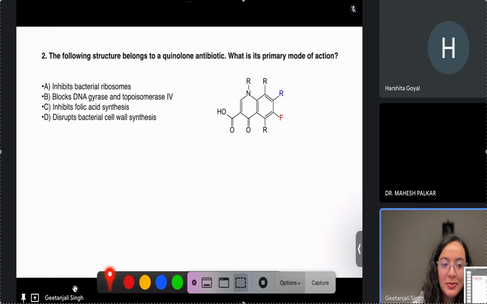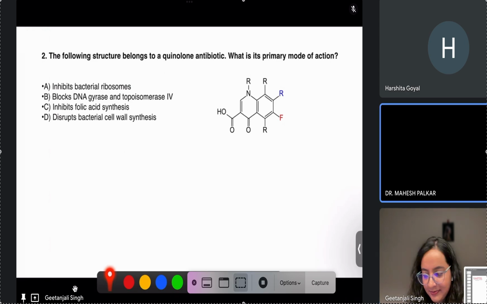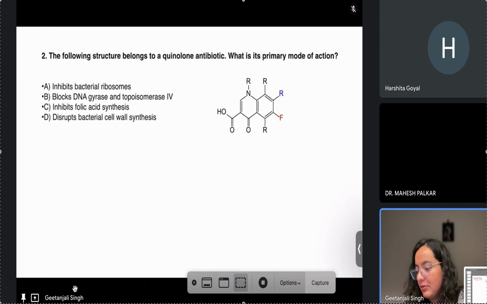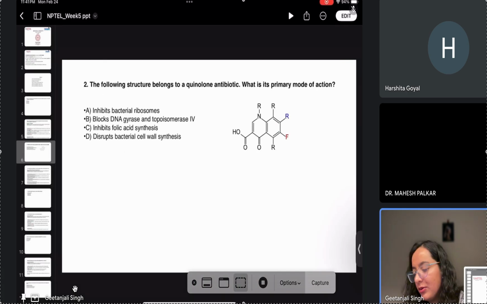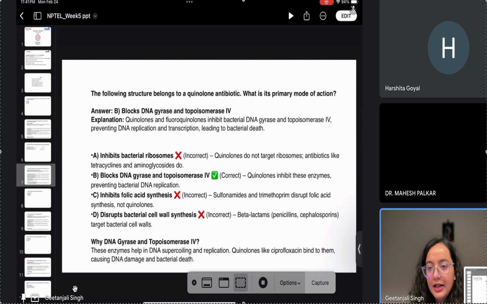But do you know what the structure is? Yeah, perfect. The sixth position F indicates it's a fluoroquinolone. Perfect. And the correct answer is B. It blocks DNA gyrase and topoisomerase 4.